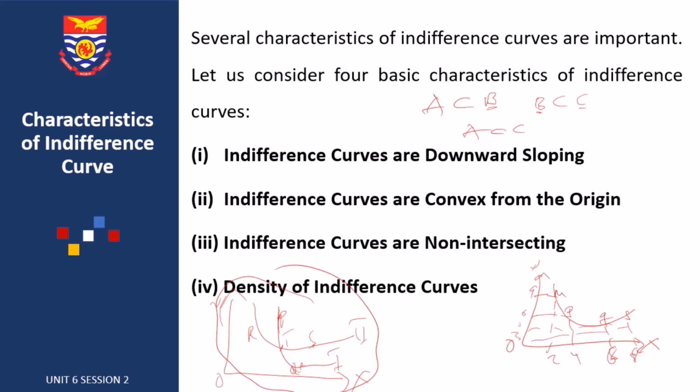Let's talk about the last point, that is, the density of indifference curves. Since indifference curves pass through each point in a commodity space, an indifference map will have an infinite number of indifference curves.